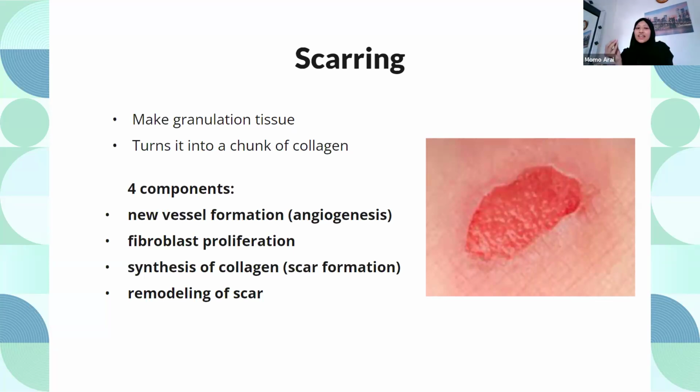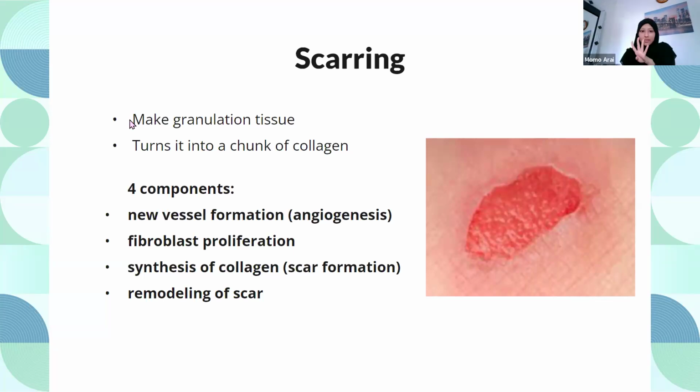Do you get my point? A new tissue is formed called granulation tissue, and over time it will undergo fibrosis through collagen and so on. It will be remodeled to survive among the normal cells. This is scarring. This is what happens in repair.